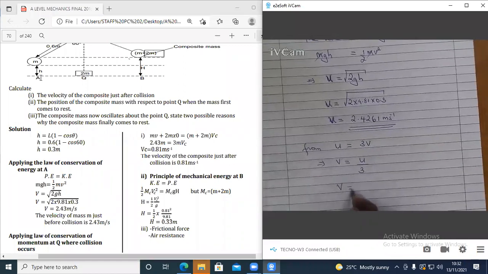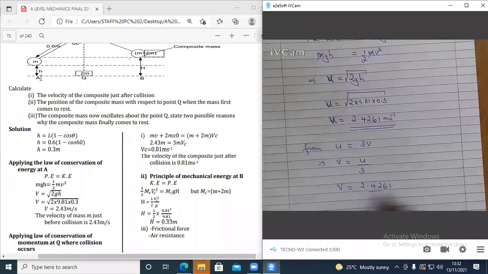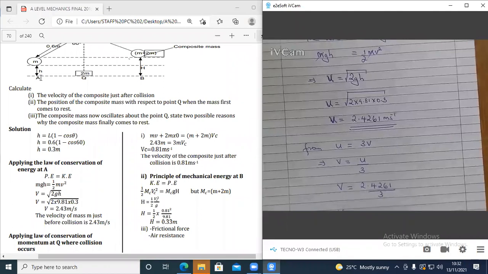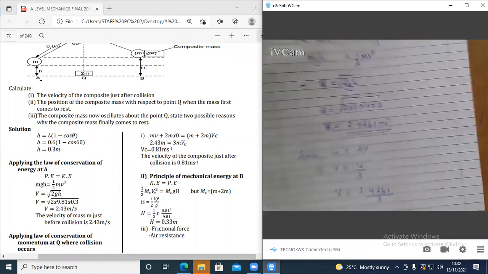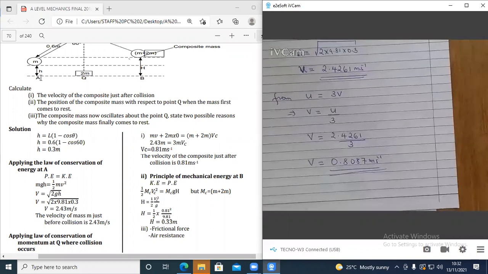So v is equal to 2.4261 divided by 3, which gives us 0.8087 meters per second. So this is the common velocity they were looking for. Are we together, members?